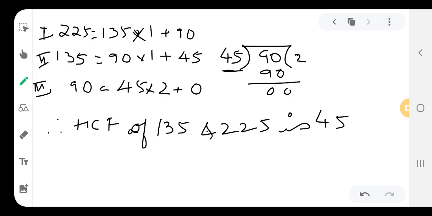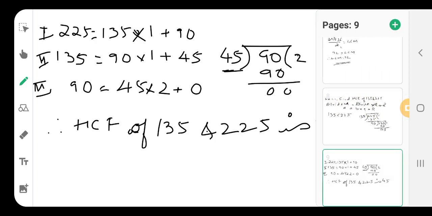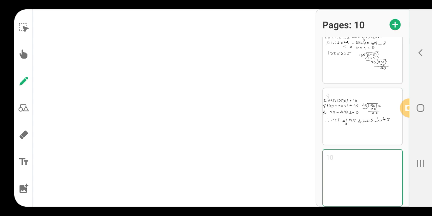Okay. So similarly we can solve the next problem, that is the second one: 196 and 38220.